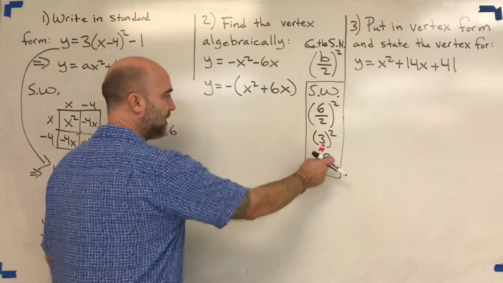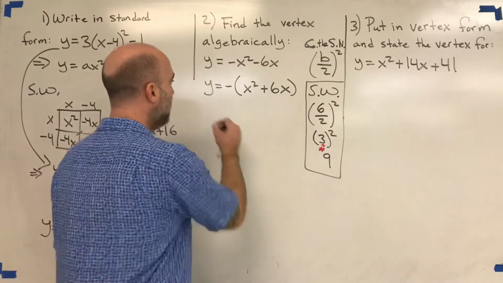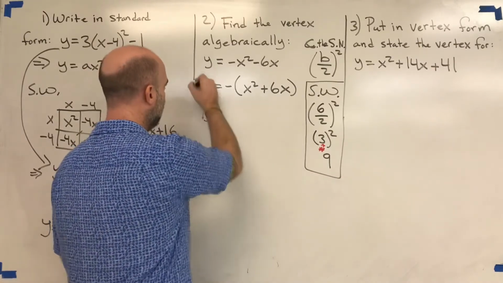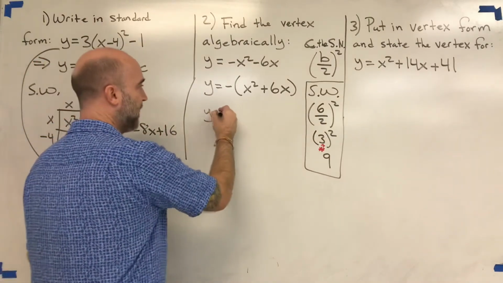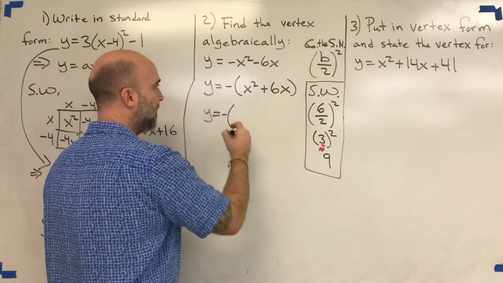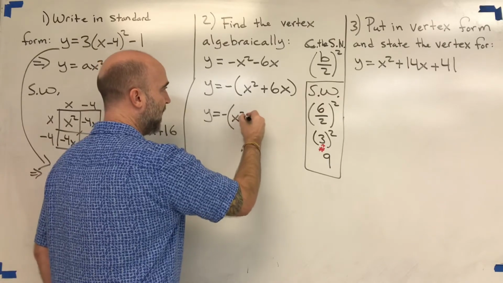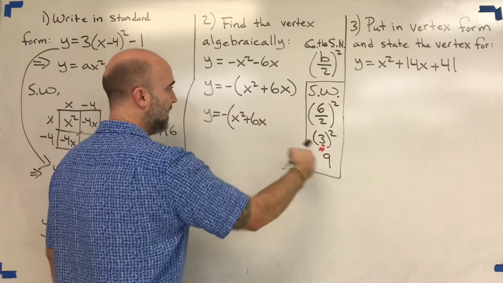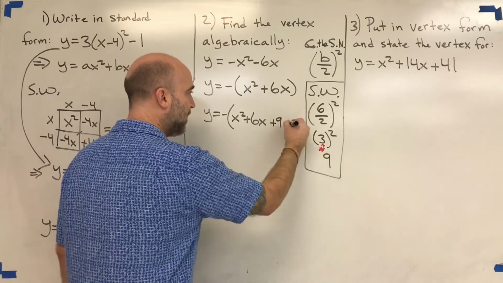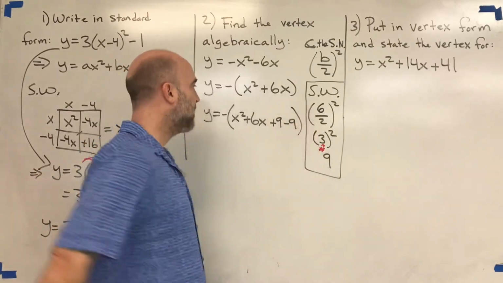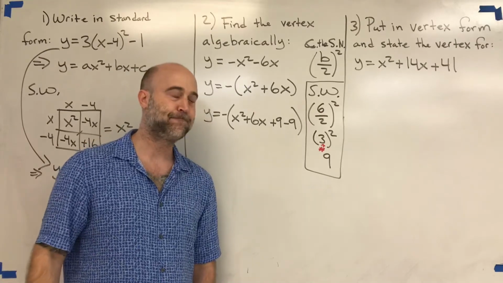All right, so this is the magic number that we're going to be using. So we've got y equals negative, parenthesis, x squared plus 6x. Here's my plus 9 I'm adding. If you add 9, you have to subtract 9, and I'm just doing it inside the parentheses.